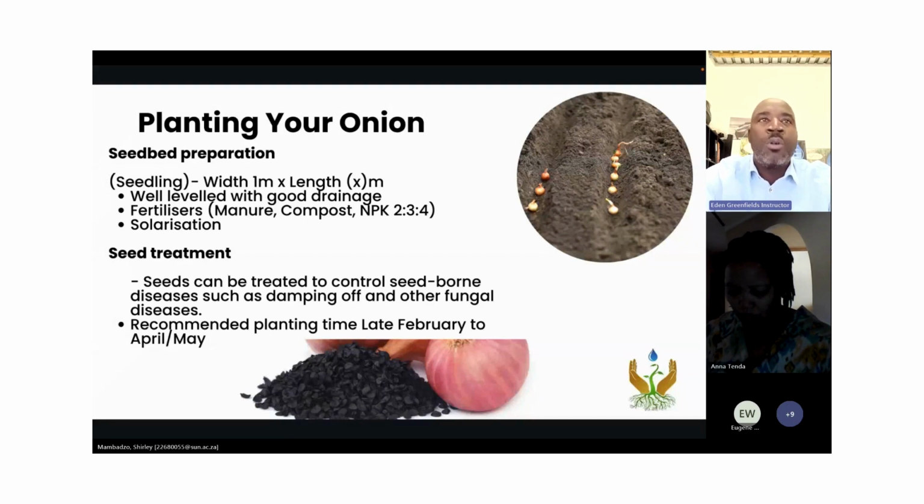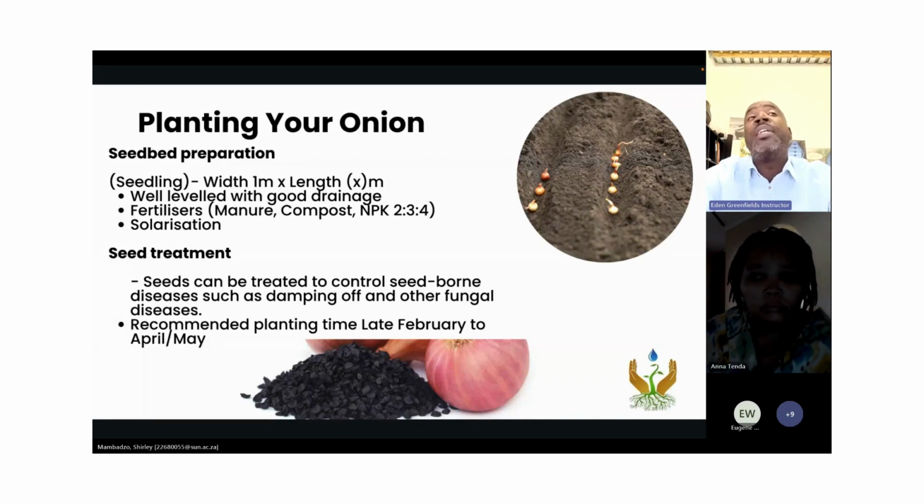If you are going to grow for 1 hectare, when we talk about seed rates, you might need a space of 300 square meters in order for you to grow seedlings that are going to be enough to cover a hectare. And those seed beds should be well drained and should be level. You should not have any water logging there.